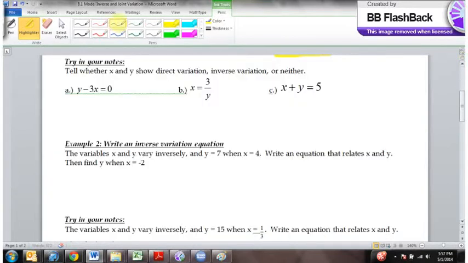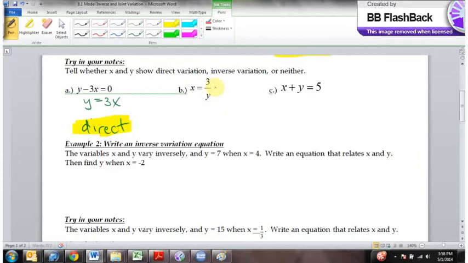Let's take a look at what you got. So for this one, we need to get y by itself. So y equals 3x after we add 3x to both sides. We don't have any plus or minus outside there. It looks like y equals ax. This one over here kind of looks like inverse variation, but y isn't by itself. So let me make sure I have this right.